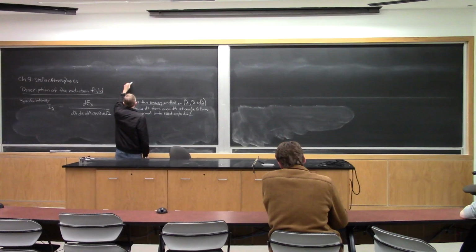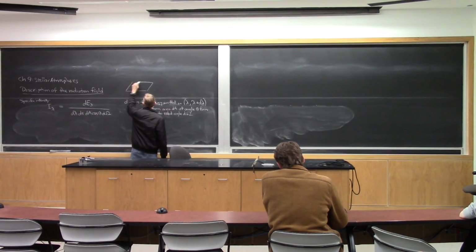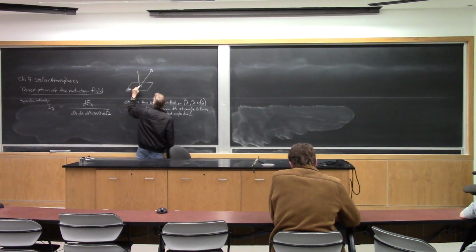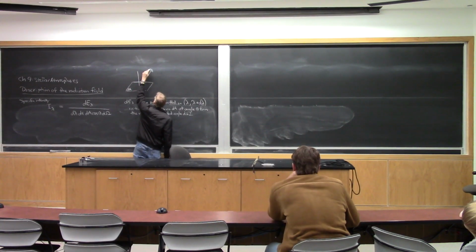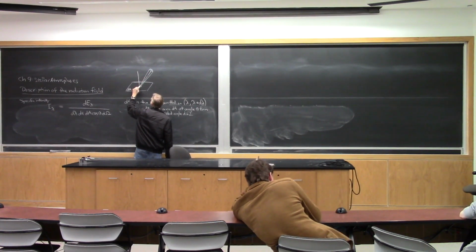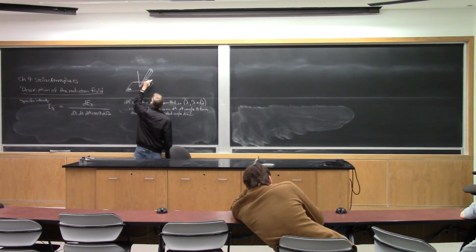Right, so we had this idea of here's a little patch of surface dA, and here is the outward normal to the surface. We're talking about radiation going into some little solid angle cone d omega, at angle theta to the normal.